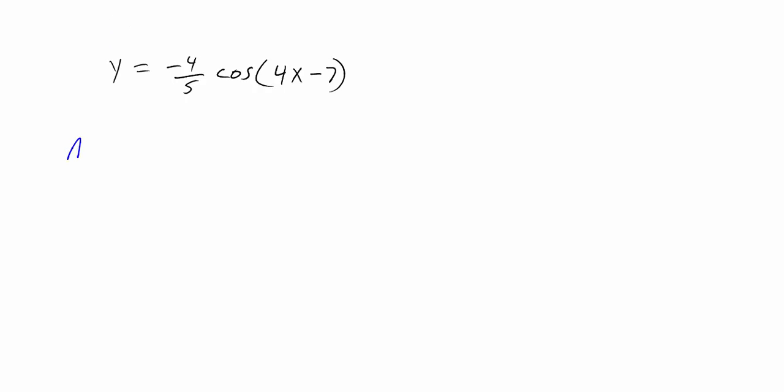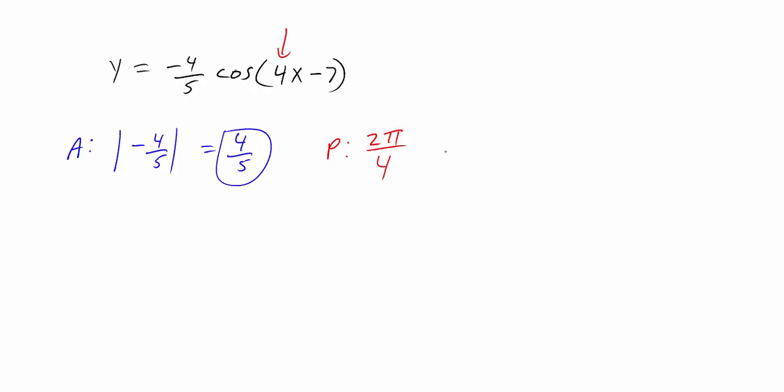Here, if we wanted to calculate the amplitude, it would just be the absolute value of negative 4/5, so the amplitude would be 4/5. And if we were trying to calculate the period, it is simply 2 pi divided by b, and here 4 is our b value. So 2 pi over 4, we would end up with pi over 2.